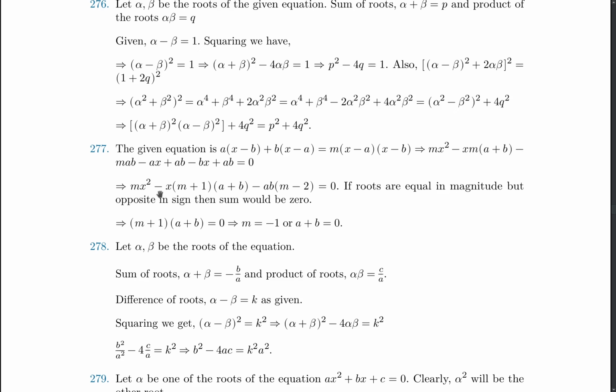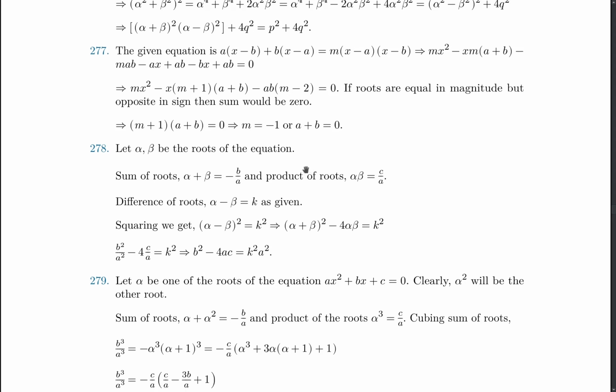That is mx square minus x into m plus 1 into a plus b minus ab into m minus 2 is equal to 0. The roots are equal in magnitude but opposite in sign, that means the sum would be 0. So the sum of roots, m plus 1 by a plus b, is equal to 0. That implies either m is equal to minus 1 or a plus b is equal to 0.